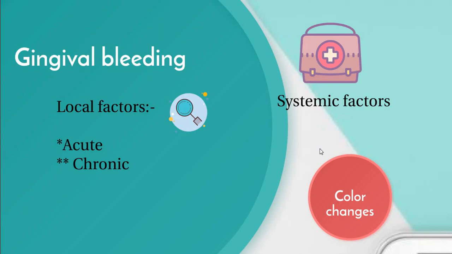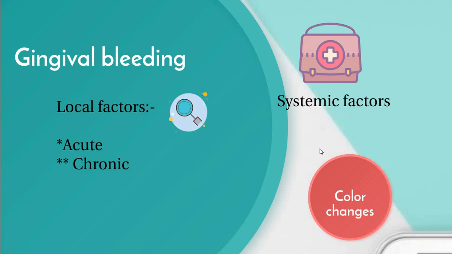Second, from acute bleeding is laceration from toothbrush bristles, sharp pieces of hard foods, etc. And another one causing acute bleeding is gingival burns due to hot food or chemicals. Another factor of acute bleeding is spontaneous bleeding in case of acute necrotizing ulcerative gingivitis.